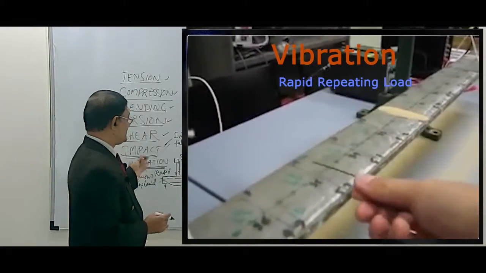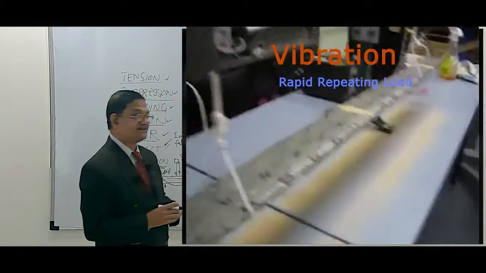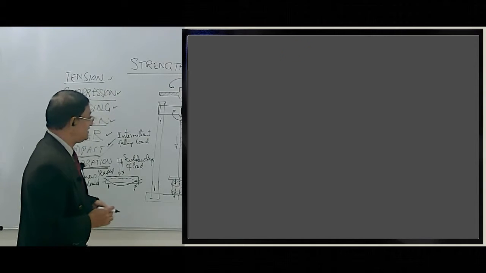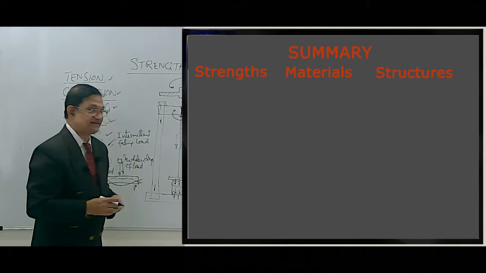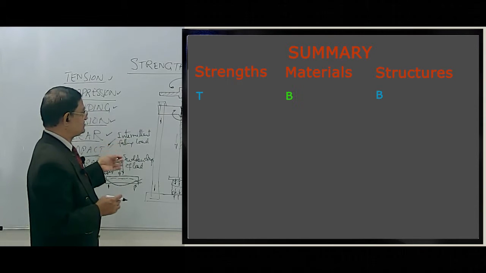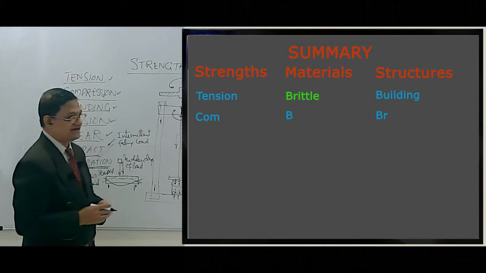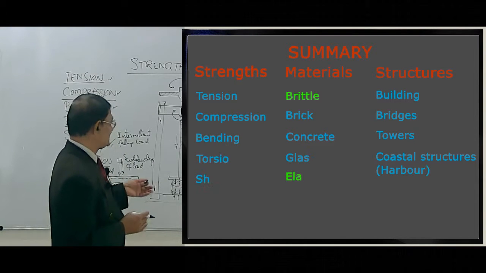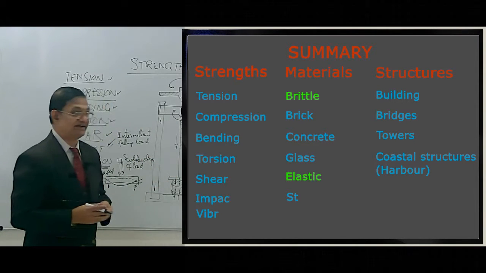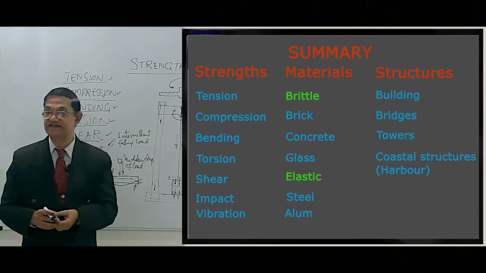So these are the different examples to which the various structures like the buildings, like the bridges, etc., are subjected to by the different types of external forces that will be requiring the strength of the material against these different forces.